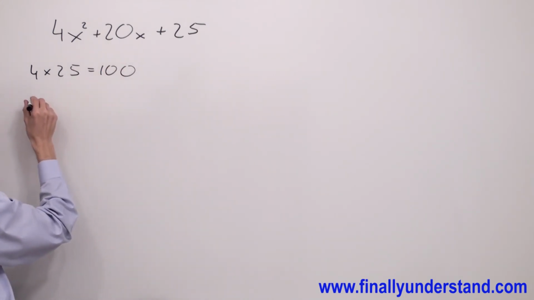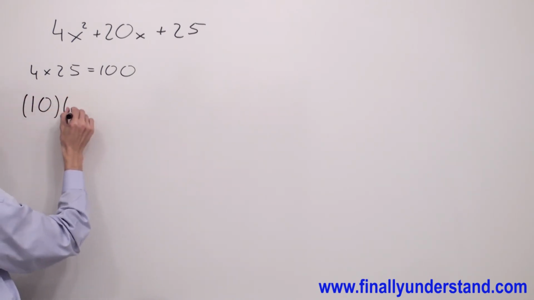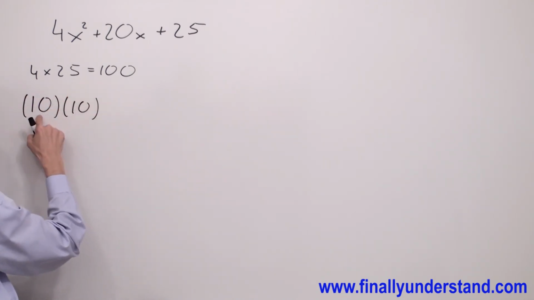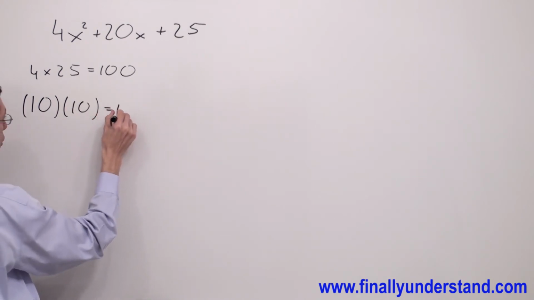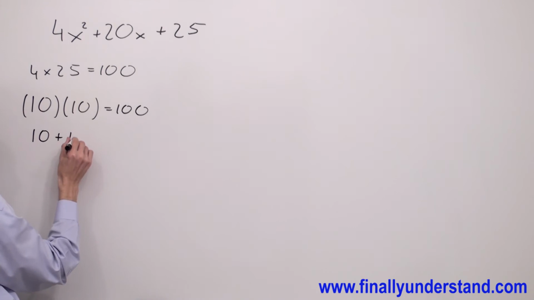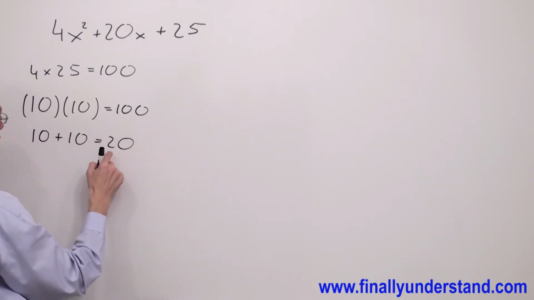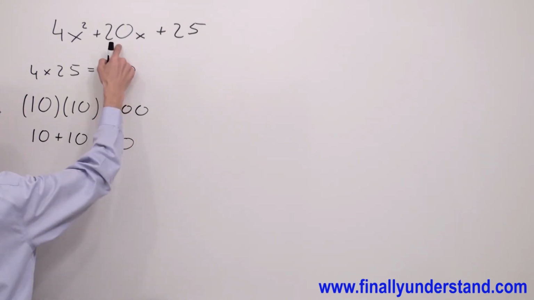These two numbers are 10 and 10, because 10 times 10 gives me 100 and 10 plus 10 is equal to 20.